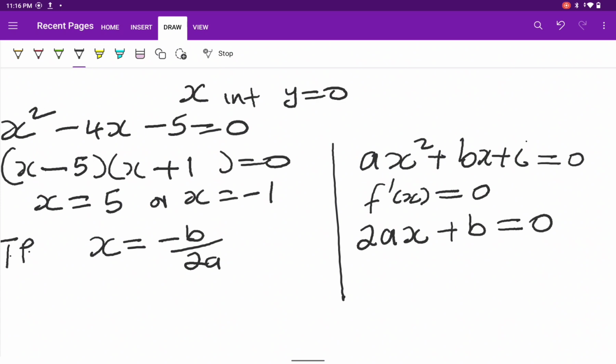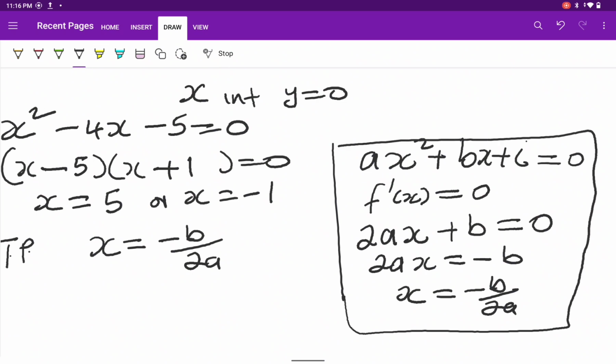Then we solve for x: 2ax equals minus b, so dividing by 2a on both sides, x equals minus b over 2a. That's why we are using this formula for the turning point. But this is something else under calculus. We will see it when we get to that chapter.